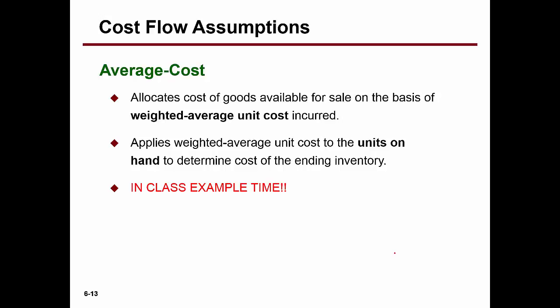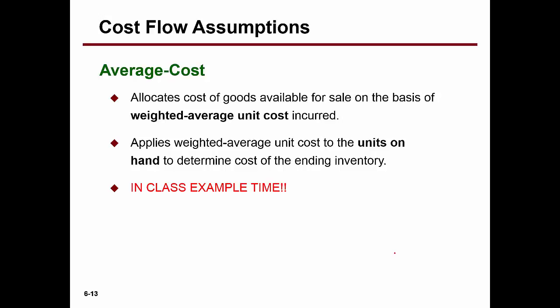Okay? Question? Is there a reason why average cost is not just how they adopted it as specialists? It's going to be another record keeping issue. Okay, because what are we doing? We're having to figure out what was still here, what was the cost of those, add in the cost of the new ones, that gives me a weighted average cost, then what's still here at a weighted average cost, bring in the new ones.